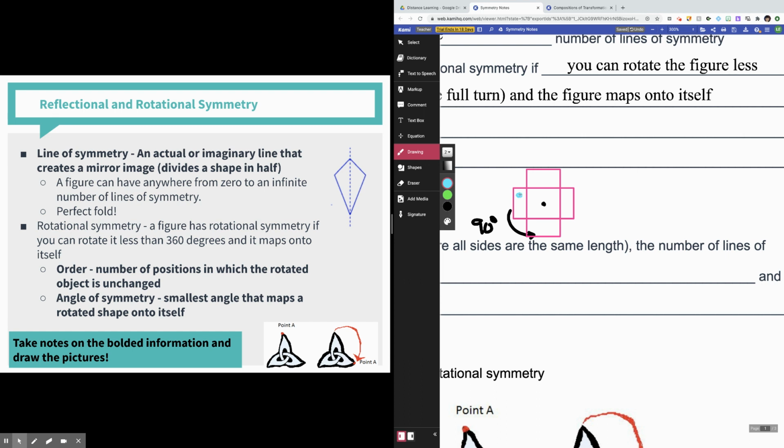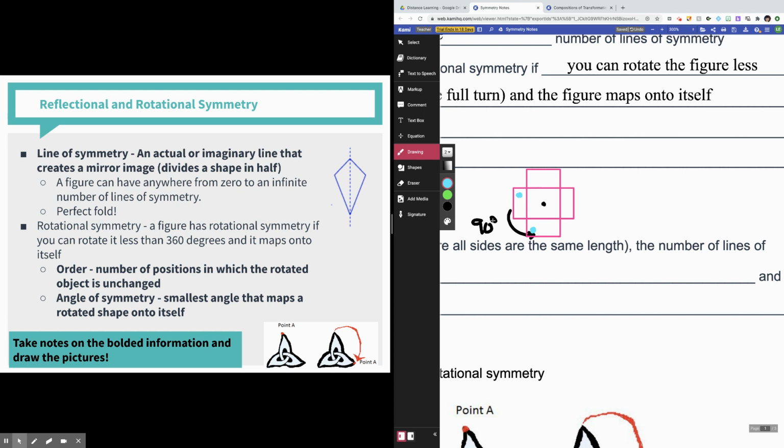Now this blue dot that I had up here, if I follow it, is now down here. So this shape right now is not mapped onto itself, meaning that I can see the original shape underneath the new, rotated shape.